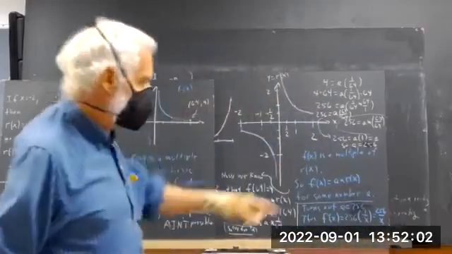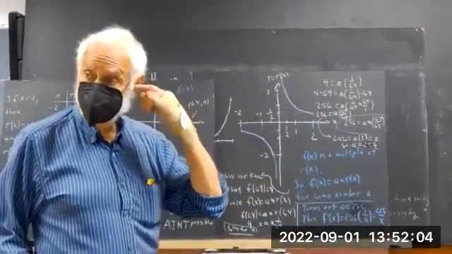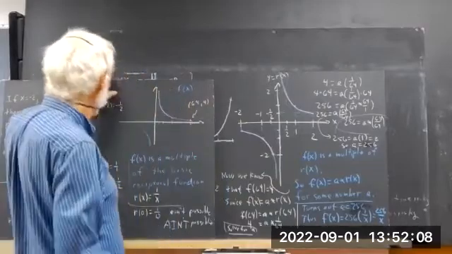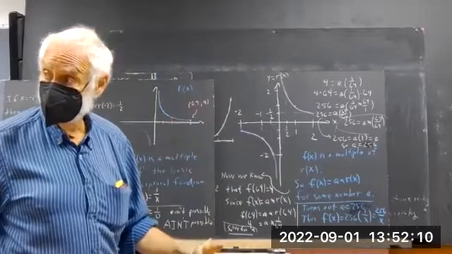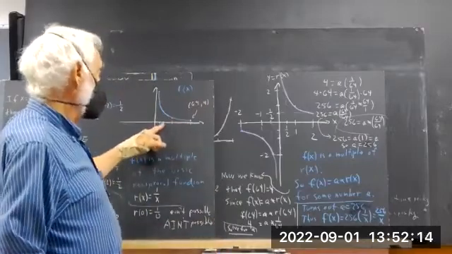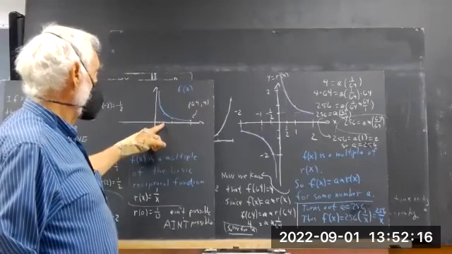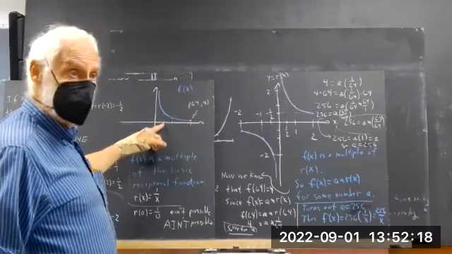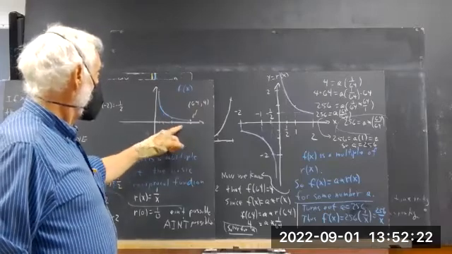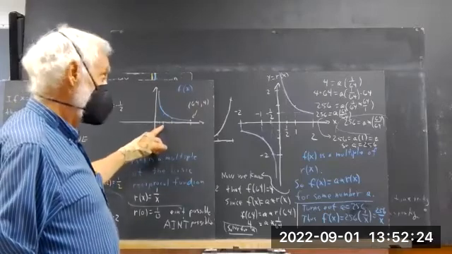Well, f of x is 256 over x. You can verify that because you have your values of f of x. For example, here the value of f of x should have been 16, right?